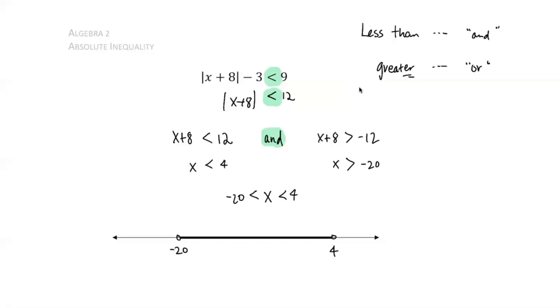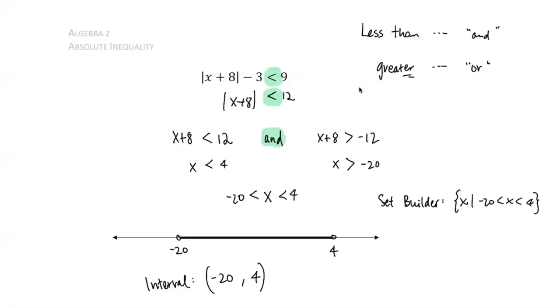If you want to express our solution in interval notation, this will be the interval notation right here. Set builder notation would be x such that negative 20 less than x less than 4.